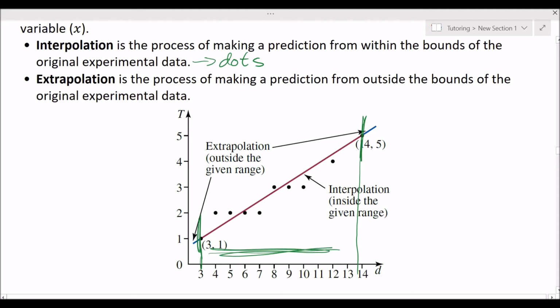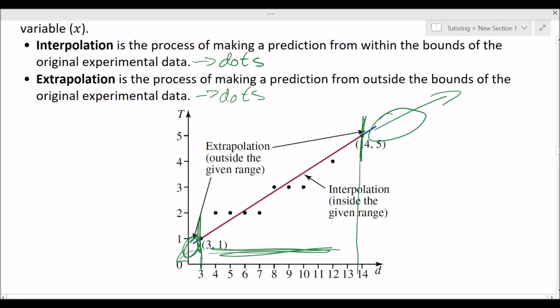Okay? Whereas if you make a prediction outside of the dots, either up here and onwards or down here and potentially onwards, but usually we're only working in the first quadrant of the Cartesian plane, so usually our values are always positive.